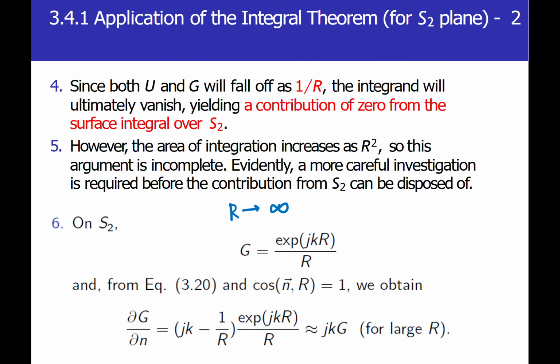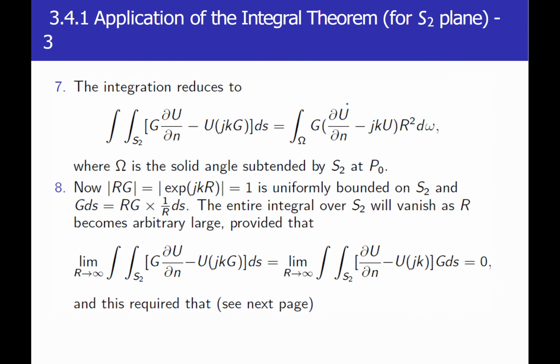And what's going to happen? With some of the assumptions, we end up with this kind of relationship: as R goes to infinity, S2 becomes like this, and the integral is going to be 0.